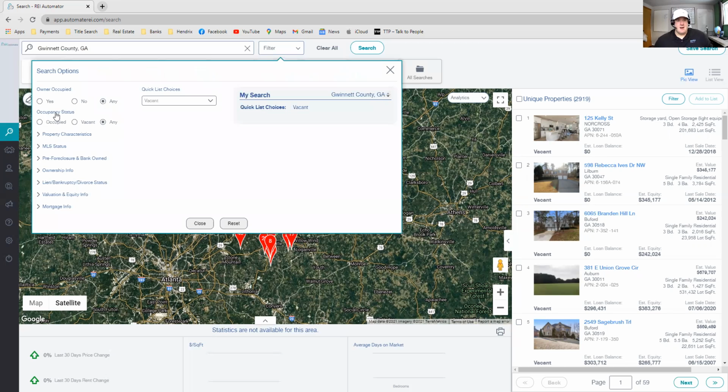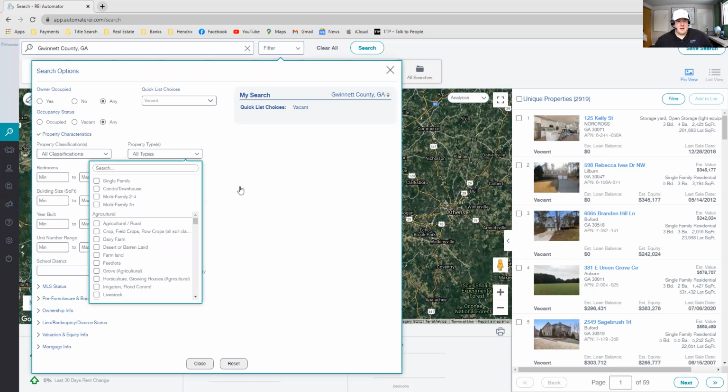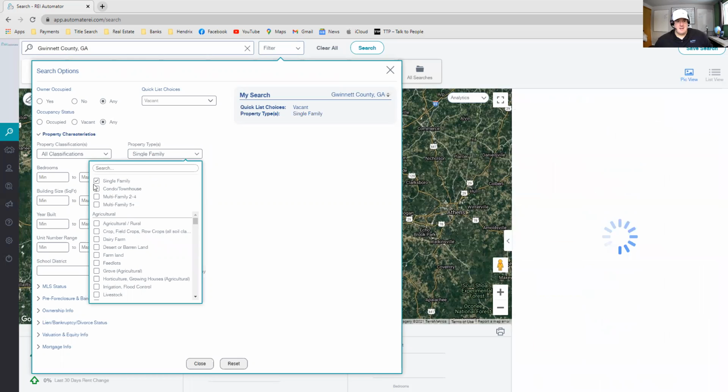All right, we're going to choose any owner occupancy. We're going to do characteristics. So we are going to do single family.